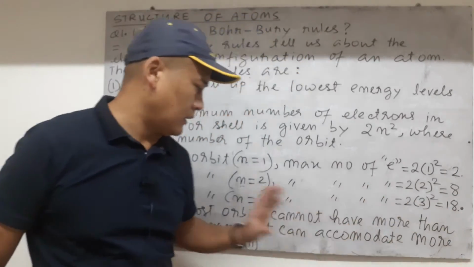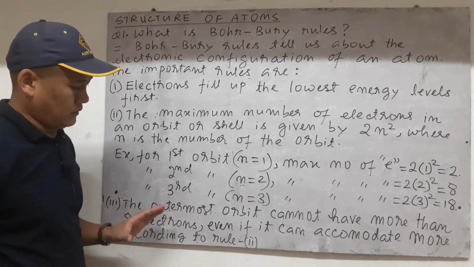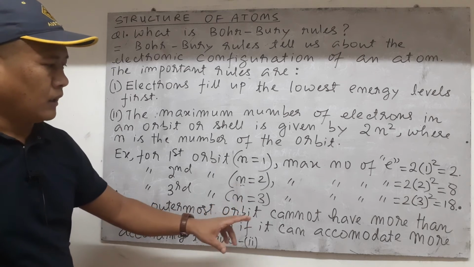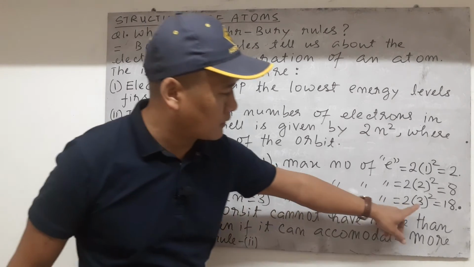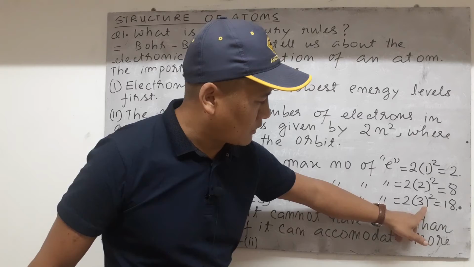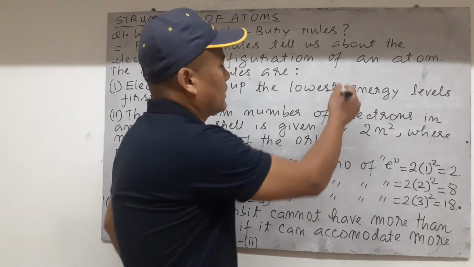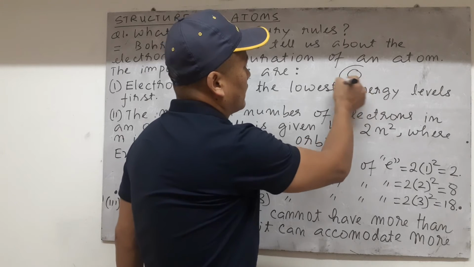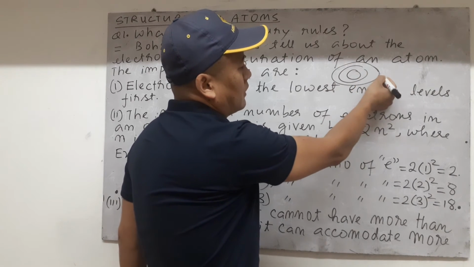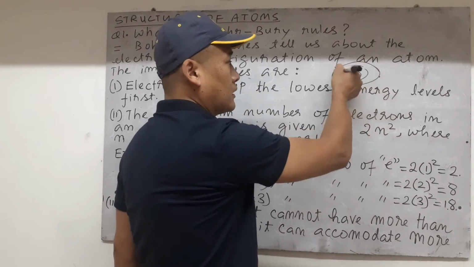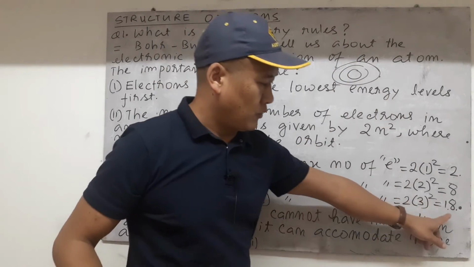So what this rule is saying is that the outermost orbit cannot have more than 8. Even though rule number 2 may be saying, for example, third orbit can have maximum 18, that's correct. But if the outermost orbit is the third orbit, more than 8 cannot go.